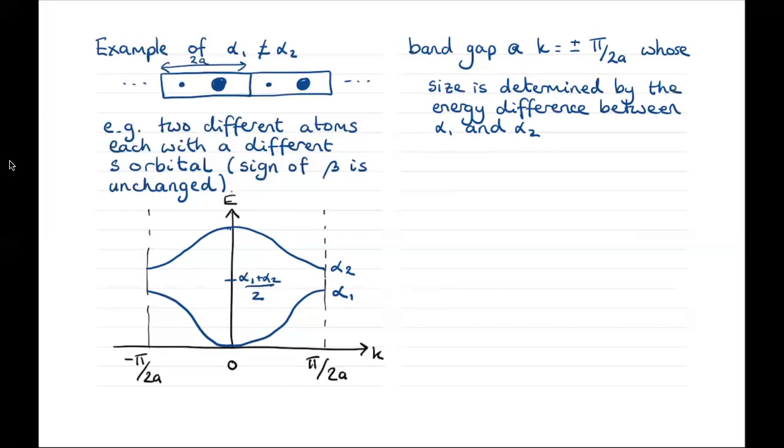The most bonding orbital is still at k equal to 0. So down here, we have C1 equal to C2, and this is our bonding orbital. And the most anti-bonding orbital has C1 equal to minus C2.